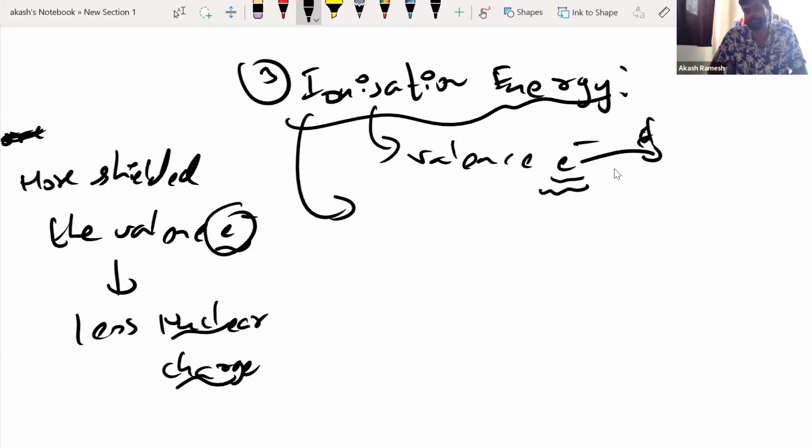And means only one. Okay, I'll repeat the statement, people. It is the energy required to overcome the nuclear force of attraction and remove the valence electron.